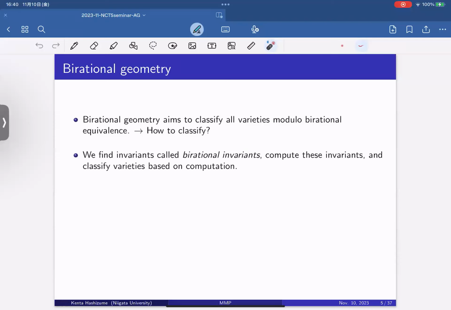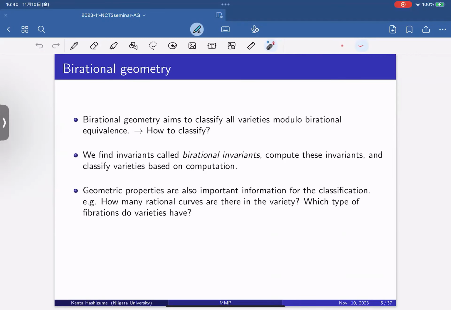And finally, we classify varieties based on these computations and geometrical properties of the varieties. The geometrical properties of varieties are also important for the classification. For example, the existence of rational curves in the variety is one of the main topics of birational geometry.